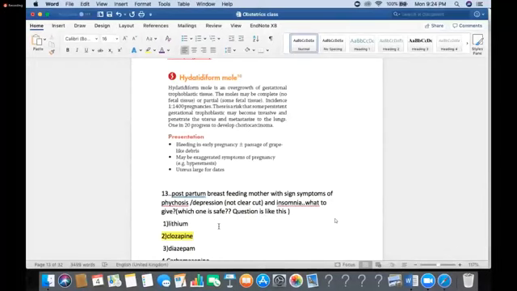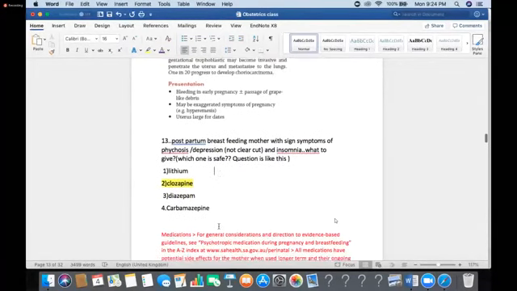Okay. Next, a postpartum breastfeeding mother with signs and symptoms of psychosis or depression, not clear cut, and insomnia. What to give? Which one is safe? Always, which one is safe in pregnancy? Clozapine. What is the side effect of clozapine? Agranulocytosis and weight gain.